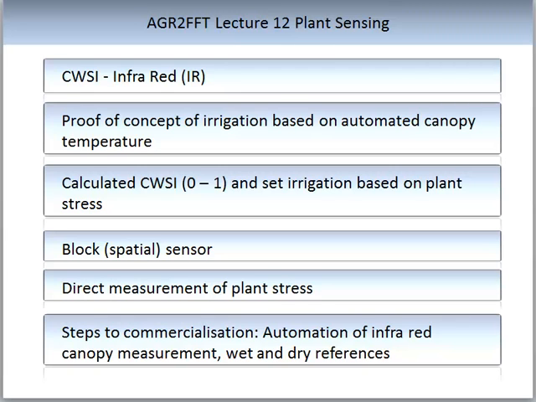I must emphasise though, what you have seen here today is a product of research, and there are many steps to commercialisation. These include the automation of the infrared canopy measurement itself, and the wet and dry references which are required in order to calculate the crop water stress index.